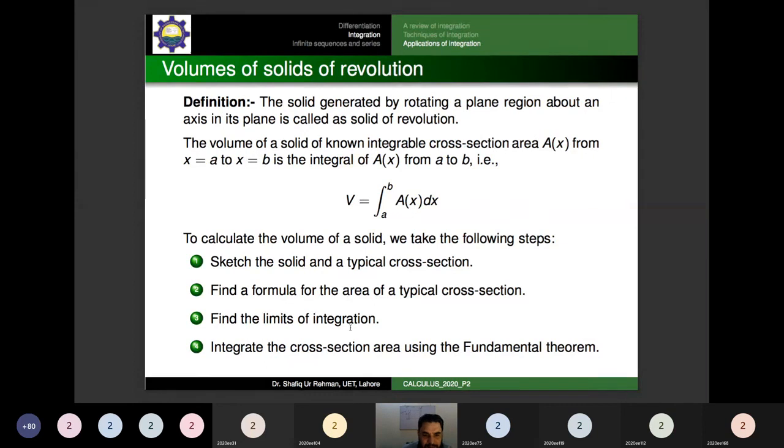Sketch the graph, look into the most appropriate formula, find the limits of integration, and then the rest of the process is a matter of integration. These are the essential steps that we need to care about.